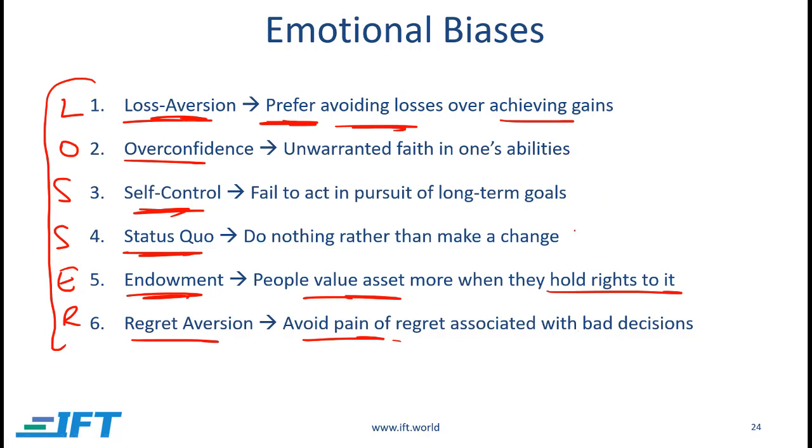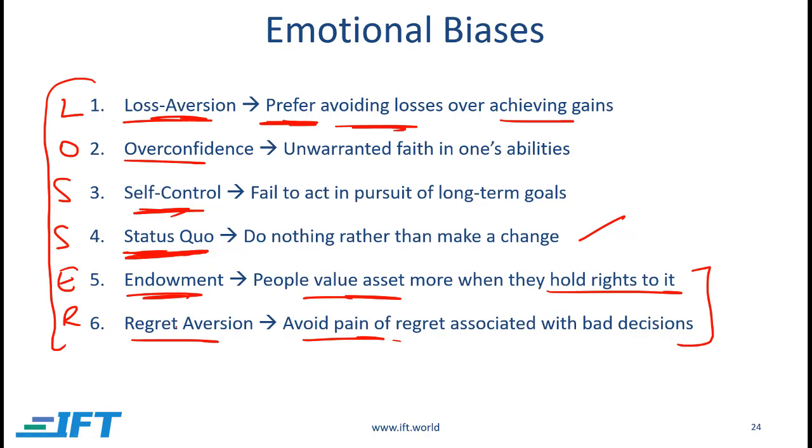Now, there appears to be a relationship between status quo and these next 2, endowment and regret aversion. In all 3 cases, the tendency is to stick with whatever we have or to make basically safer decisions. But there is a subtle difference. With status quo, we are not making a decision because of inertia. It's not really a conscious choice.